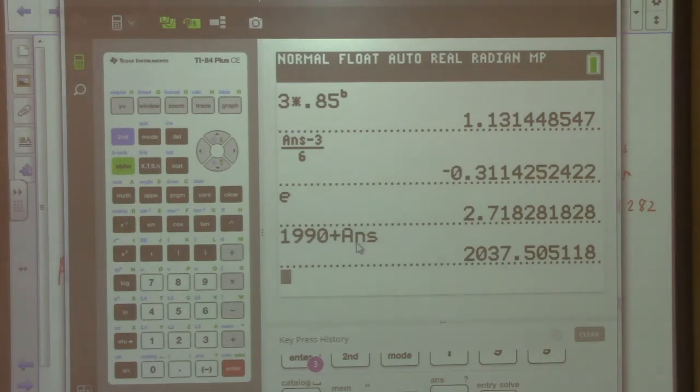Somehow that number doesn't look right, though. Where did I get that from? If you just do 1990 plus e, you get 1992.